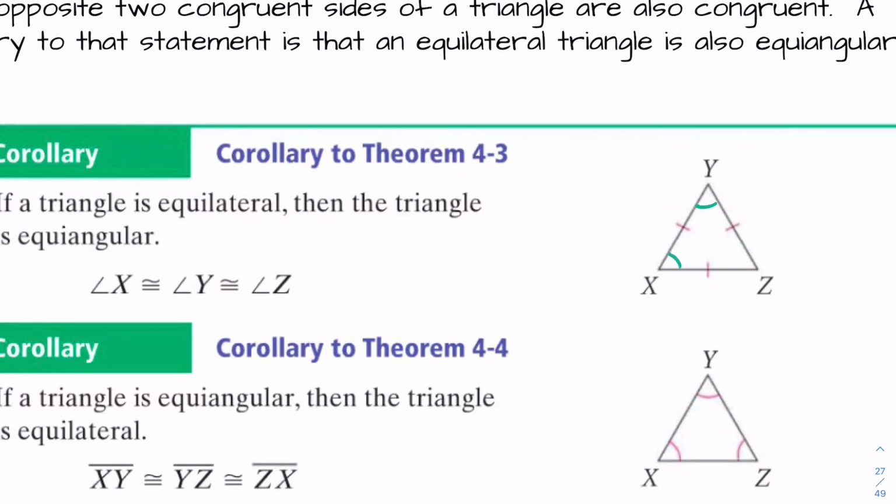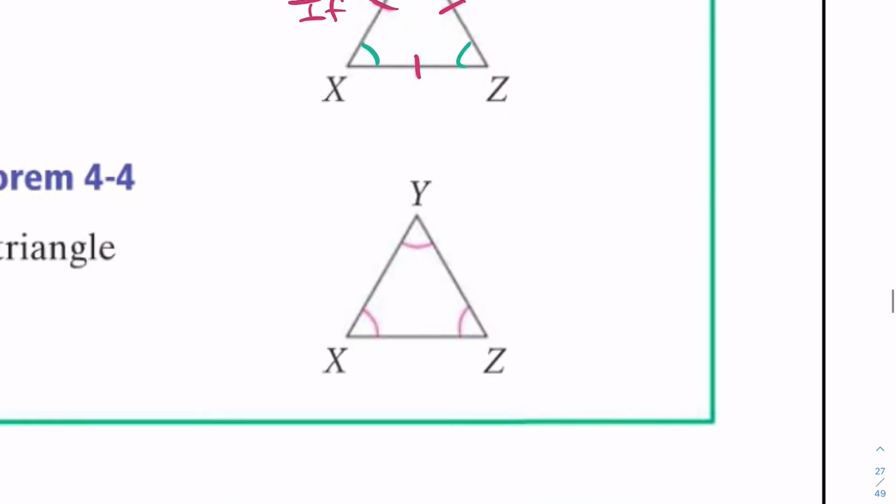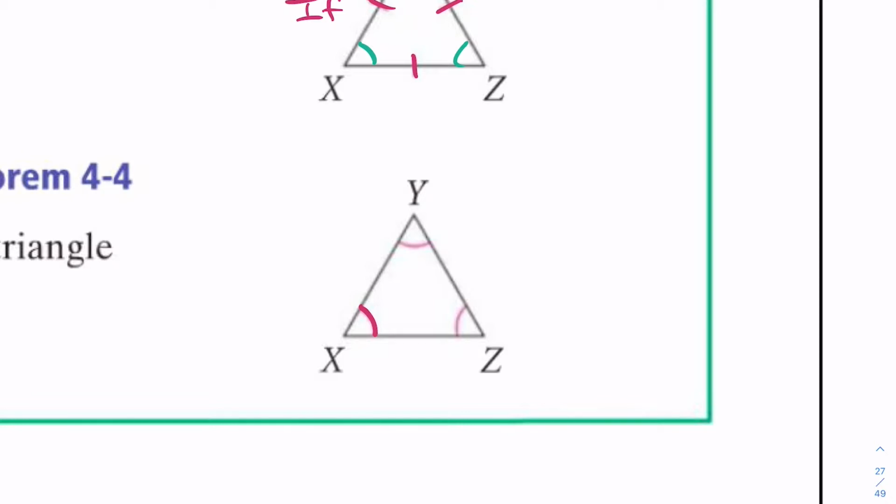You have three angles. So if red, then green. Same thing here if you have three base angles. So in the isosceles triangle theorem, it says if you have two base angles that are congruent, then the sides opposite them are congruent. That's great. What if you have three?